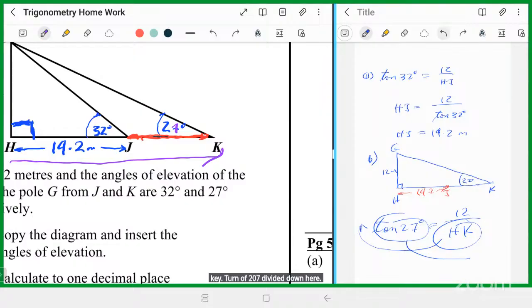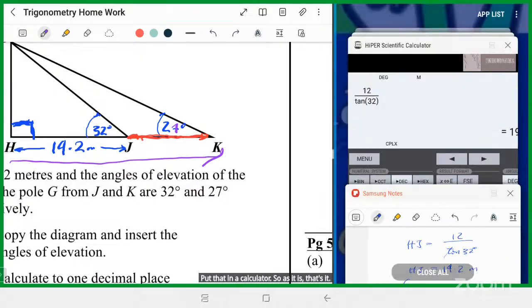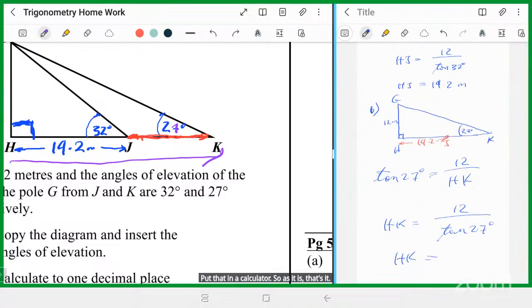Easy transposition. So HK becomes 12 over the tan of 27 degrees. Put that in the calculator. Let's see what it is. 12 over tan of 27.